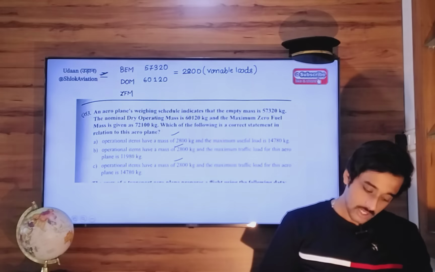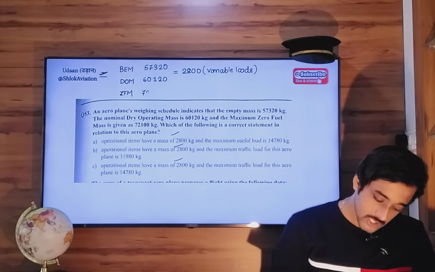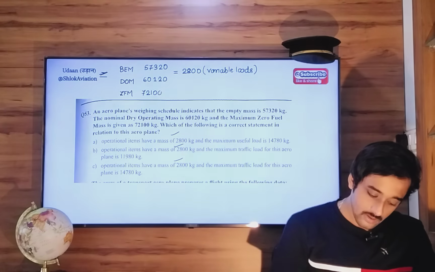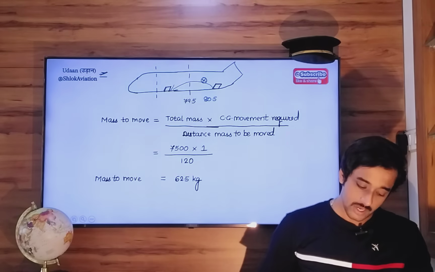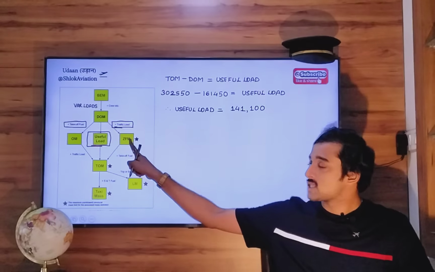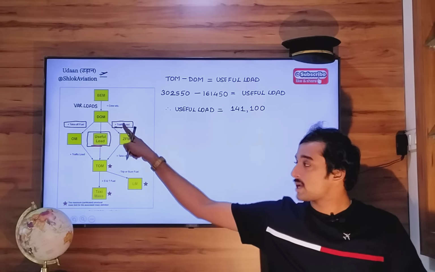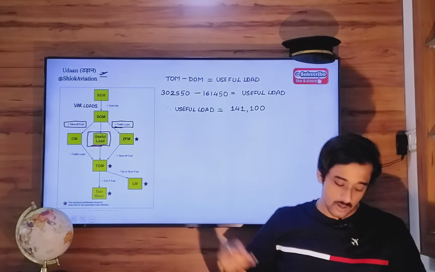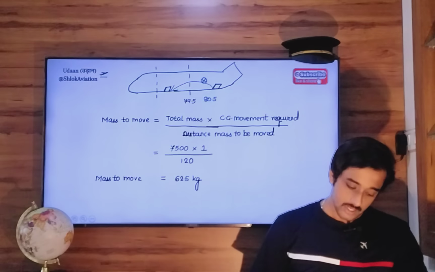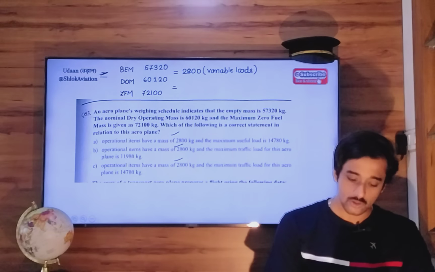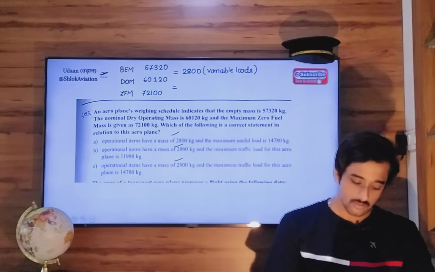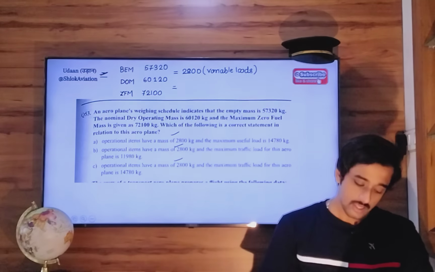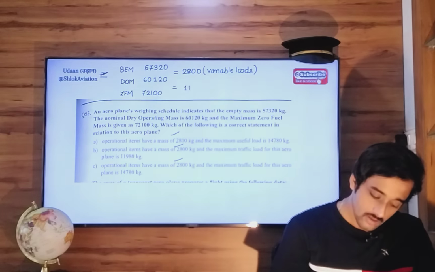Traffic load. What is zero fuel mass? It is 72,100. Okay. So zero fuel mass minus dry operating mass is traffic load or payload. When you do that subtraction, 72,100 minus 60,120, it's 11,980.